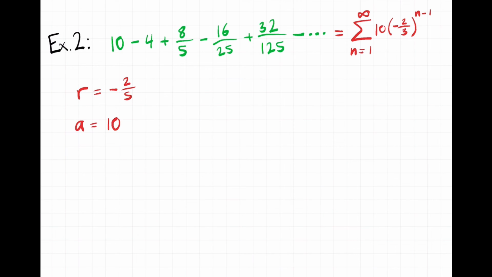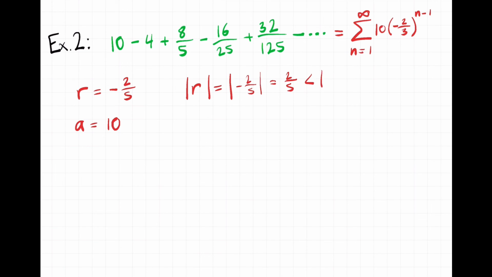For this example, we worked out that it is a geometric series because there is a common ratio of the terms. We checked that. And that common ratio, that r, turns out to be negative 2/5. And our a, which is our first term, is 10. So our r is negative 2/5. The absolute value of r, therefore, is the absolute value of negative 2/5, which is positive 2/5. Is that less than 1? Yes, of course it is.